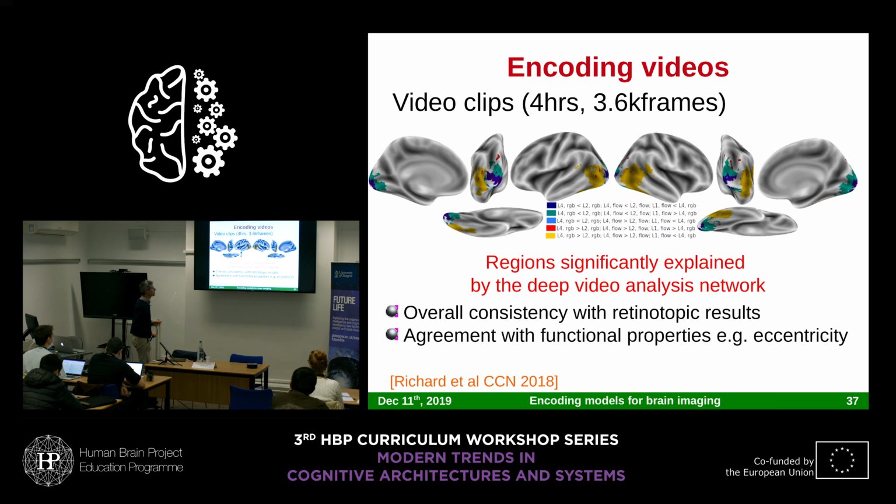And we have different layers for each of these networks, and with this we could characterize in several subjects the difference of the response of different voxels in the brain.